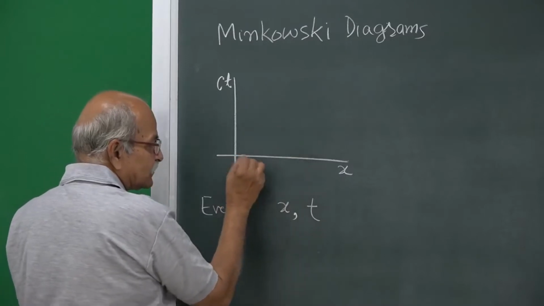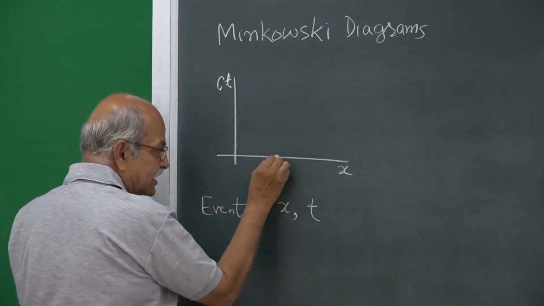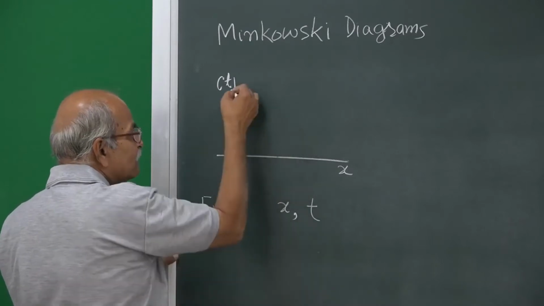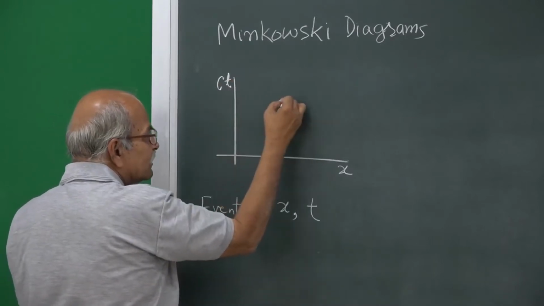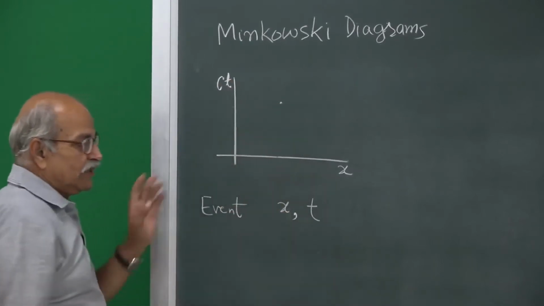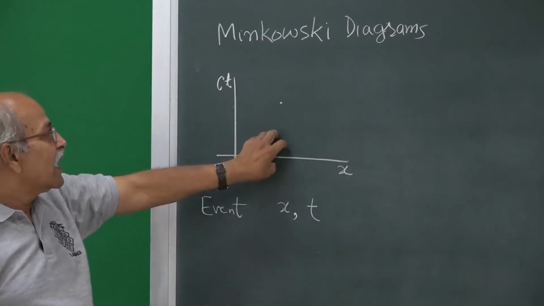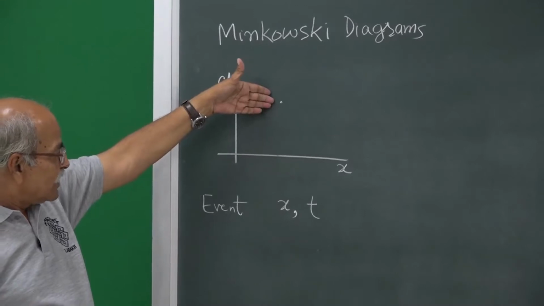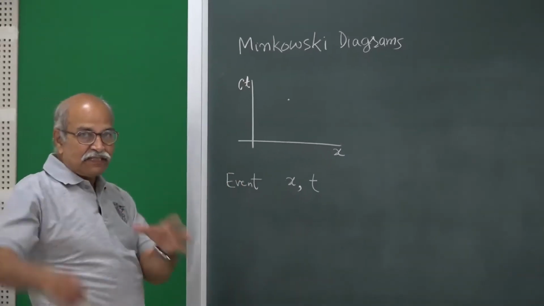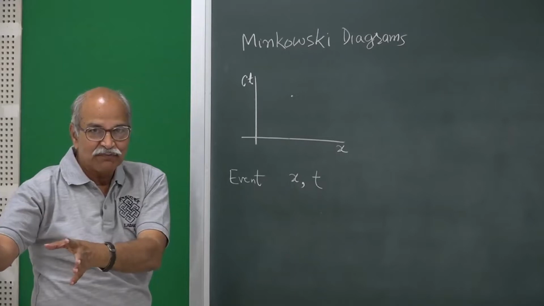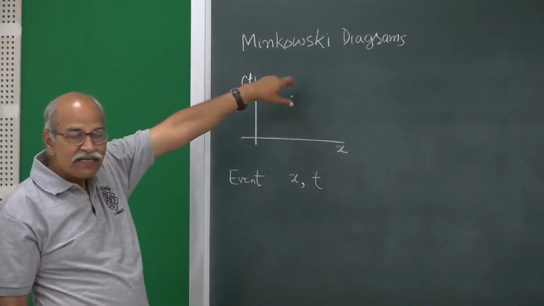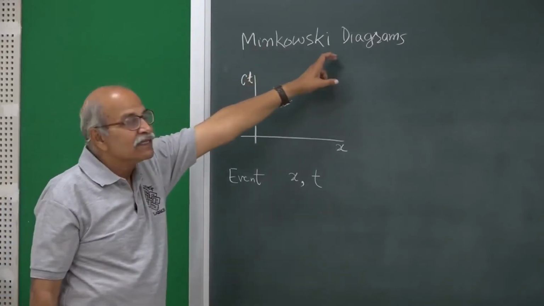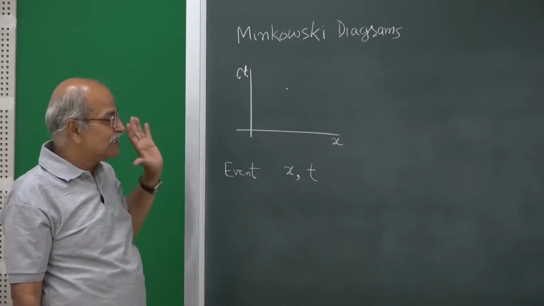So, if the event occurred at this x and at some time which corresponds to this Ct, then there is a point. So, each point on this diagram corresponds to an event, and each event that has occurred somewhere in space has a corresponding point on this Minkowski diagram. So, this is the first thing to learn.